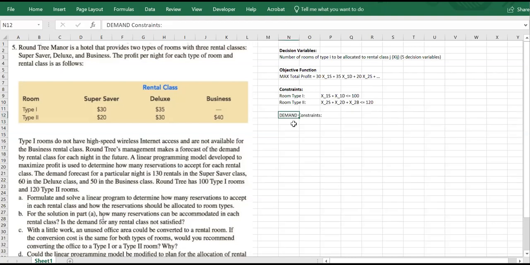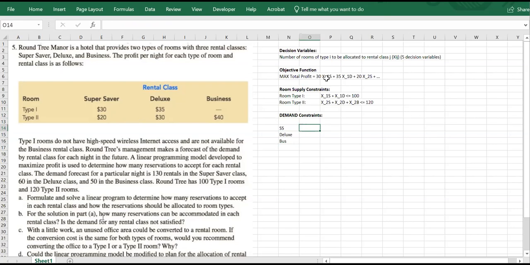So this was room supply constraints or room availability constraints, and then demand constraints for each group. For Super Saver, the number of rooms allocated to Super Saver should not be more than 130, because, like I said, if it goes above 130, the profit of 30 will not be applied to extra items.